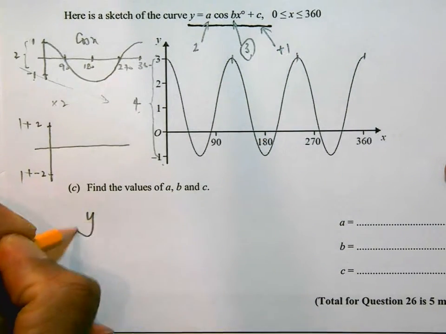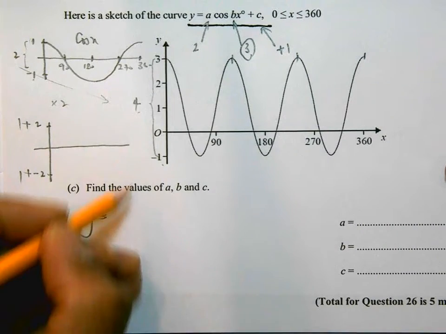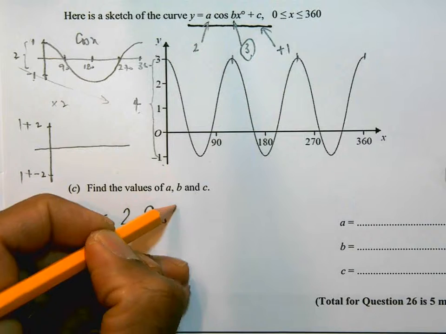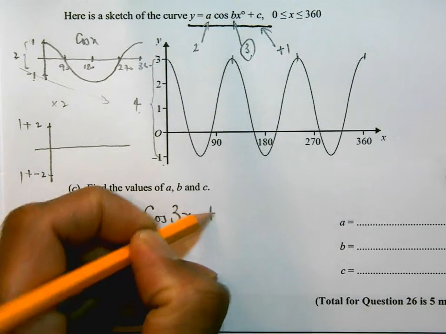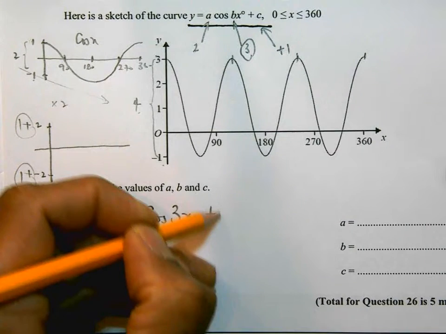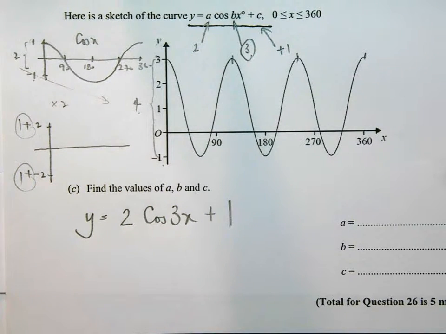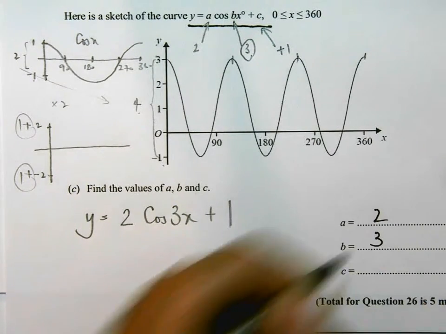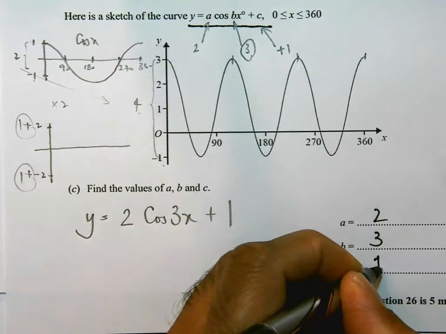My answer is going to be y is equal to A, which is 2, cos, and because there are 3 cycles, 3x, plus, I've moved it all up 1, so +1, and that's my answer. So therefore A is 2, B is 3, and C is 1.